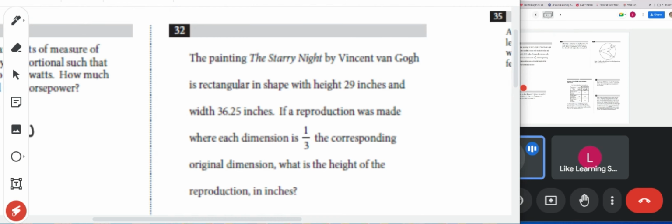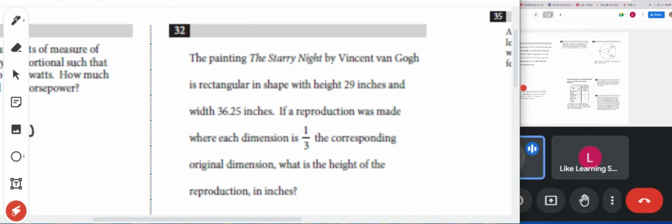If a reproduction was made where each dimension is one third of the corresponding original dimension, what is the height of the reproduction in inches? And it's just simple arithmetic.